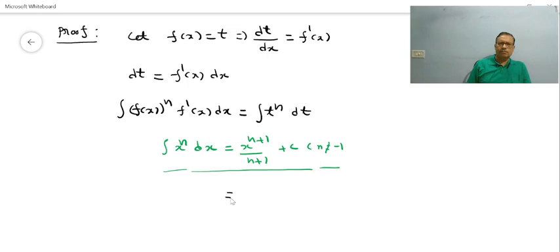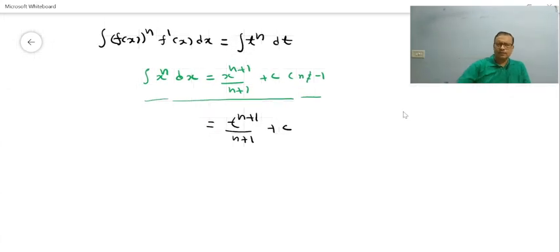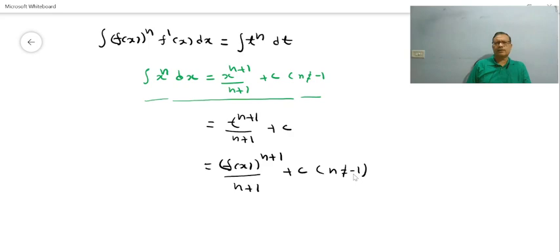So this is equal to the integral of t^n dt, which is t^(n+1)/(n+1) plus constant. Now I suppose t is equal to f(x). Okay. So t is equal to f(x), that's equal to (f(x))^(n+1)/(n+1) plus constant. Here n is not equal to minus 1.